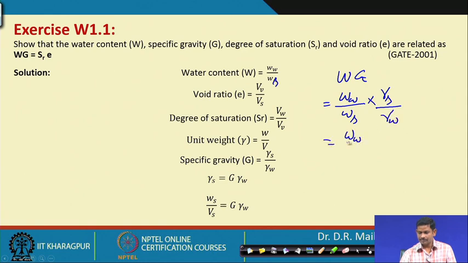So W w by W s into gamma s means W by V, so I would put W s by V s, divided by gamma w, W w by V w.